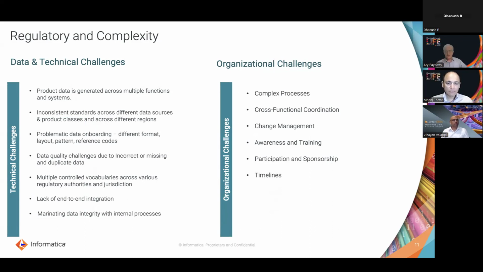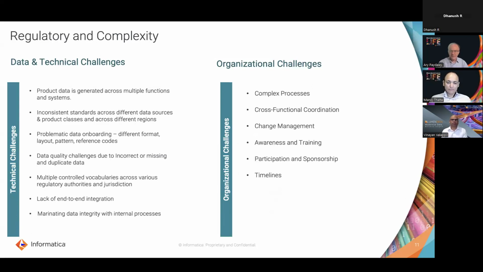On the data and technical challenges, the problem is that oftentimes this product information is scattered across the enterprise, and there are very good reasons for it. You have different functions, different regions, different phases of the actual products, different stakeholders, whether somebody is in marketing, or is a scientist, or you're looking at legal and so forth.